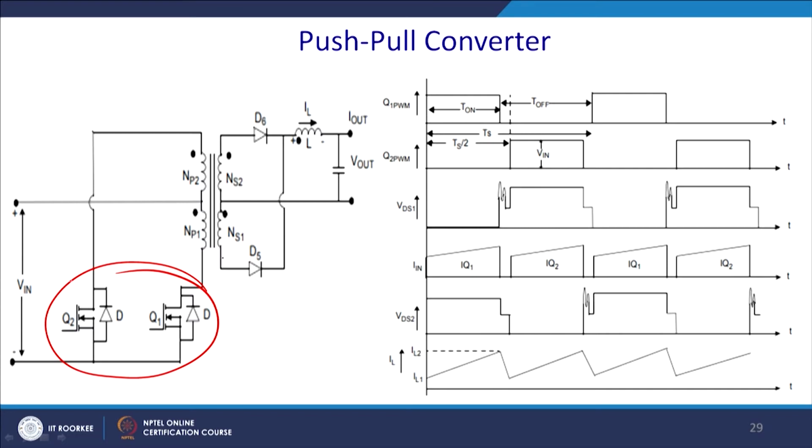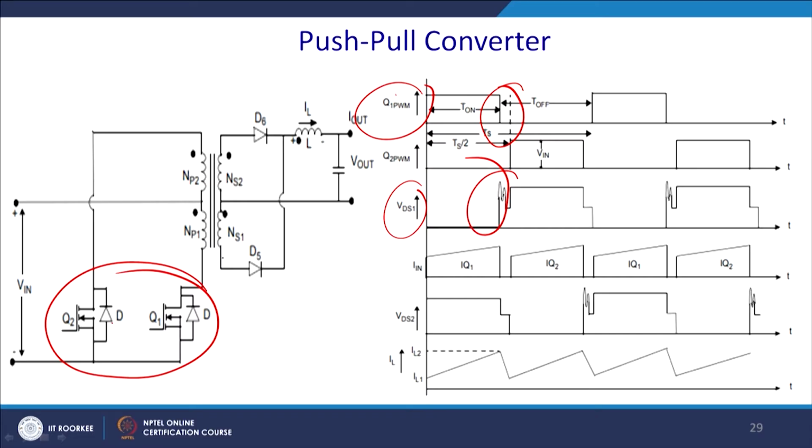Now, you see these are the pulses of switch 1, and this is the pulses of switch 2, and they are required to be separated by a small time duration. And since there is inductance in the circuit, there will be spikes. So, this voltage is the VDC, and this is the voltage stress across the switch Q1, and it will be blocking that voltage.